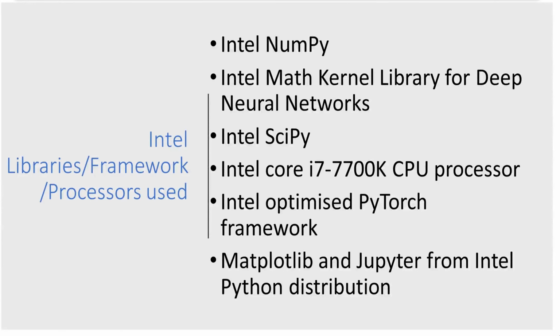Obviously Intel NumPy scales very well with Intel processors, whether Xeons or Core i7 processors, which we have been using. We don't have access to Xeon, but these libraries are still feasible with an i7 processor. Apart from that, Intel SciPy was also relatively faster than the SciPy functions which run on the GPU.